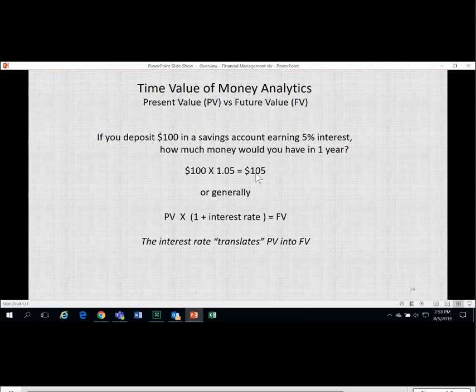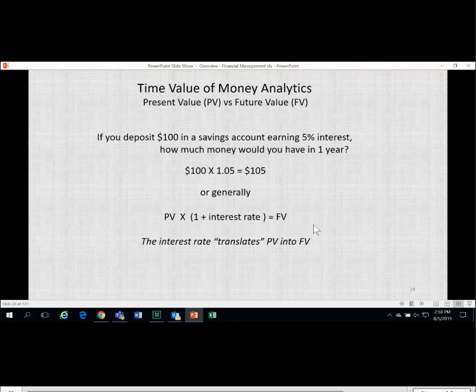Or, you multiply by 1.05 to get 105. The 1 is your original $100 that you keep. The 0.05 is the interest, and you get 105. Or generally speaking, we could just say present value multiplied by 1 plus the interest rate gives us future value. So in that sense, this interest rate translates PV into FV.